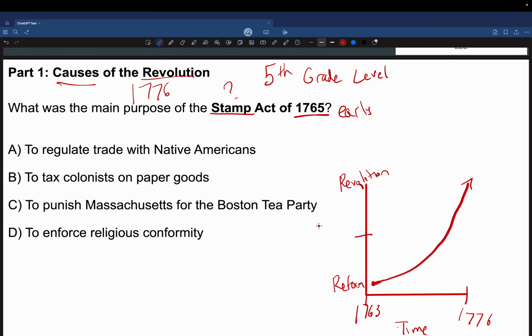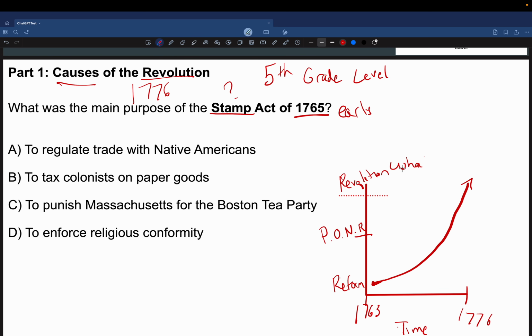Around here, I'm going to say this is going to stand for point of no return. At some point, the reform efforts are going to fail, and the revolution is not necessarily a matter of if it will happen, it's a matter of when it will happen.